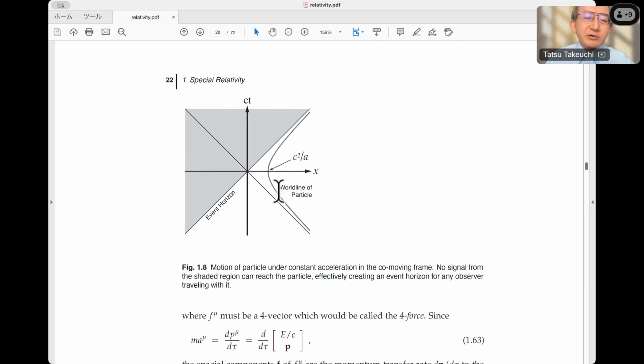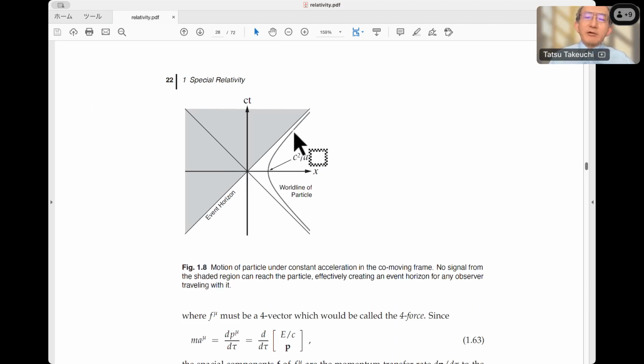So you are accelerating at a constant rate to the right. You are heading towards the origin in the beginning, but then you turn around at some point and start accelerating to the right. If you are accelerating at a constant rate, then you will be following a hyperbola like this. And this line at a 45-degree angle is going to be the asymptote of your hyperbola.